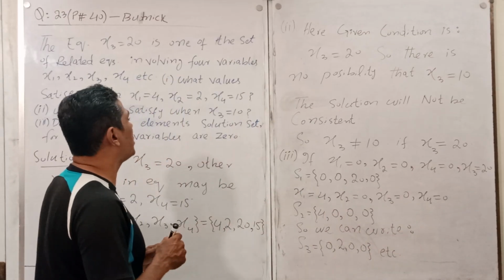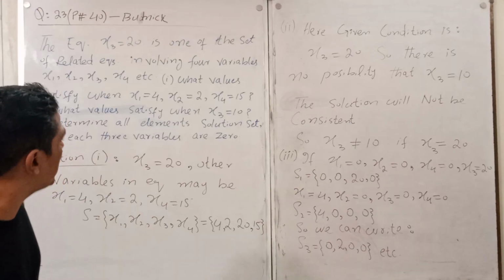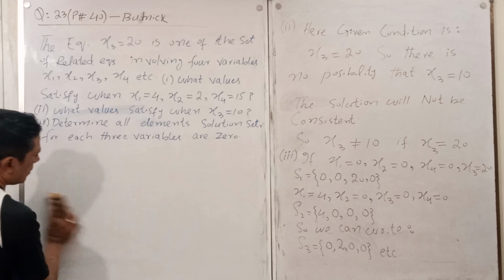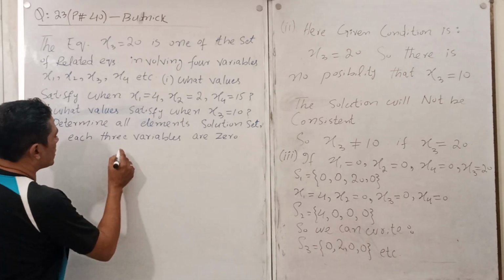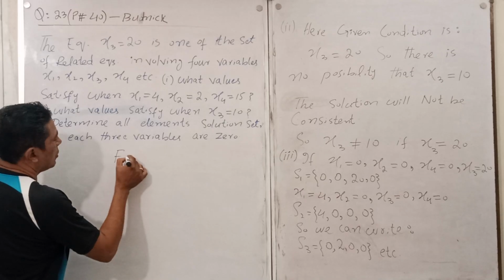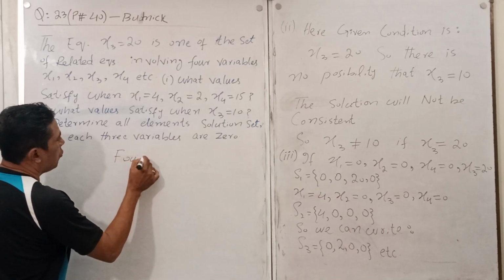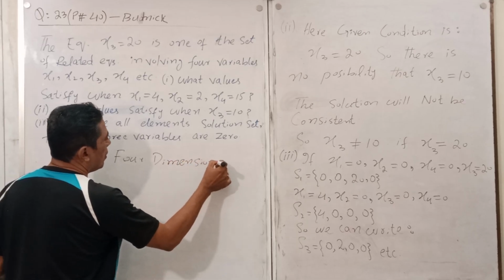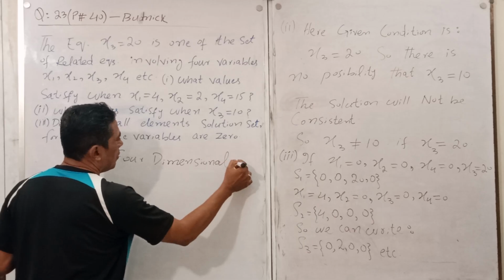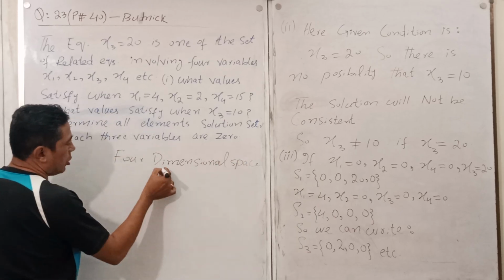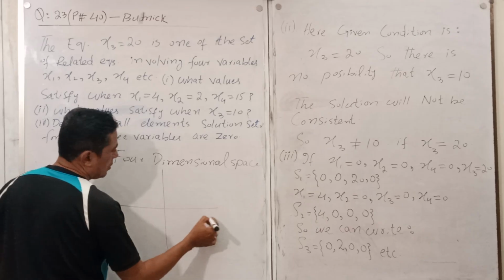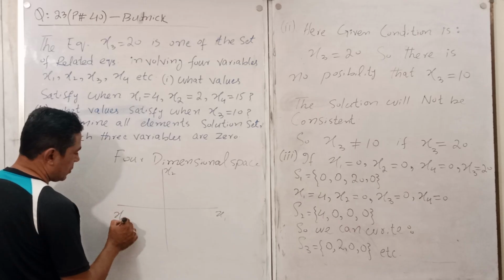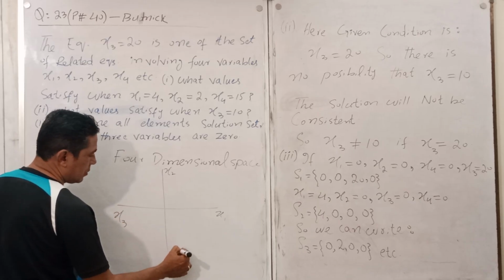What is four-dimensional space? It has x1, x2, x3 and x4.